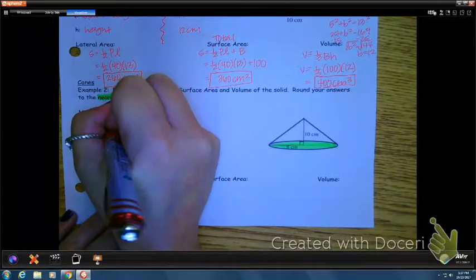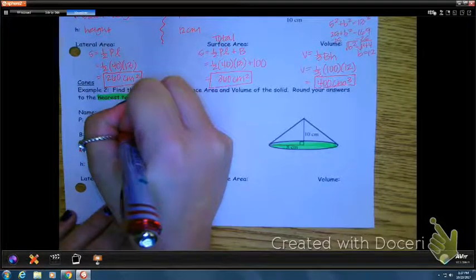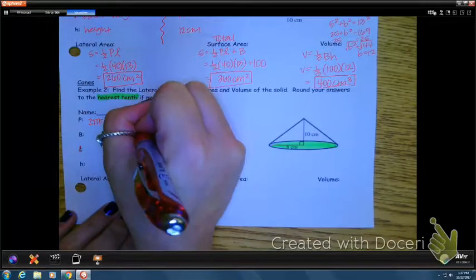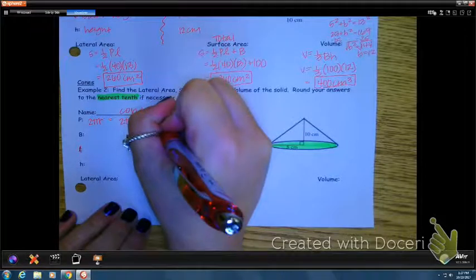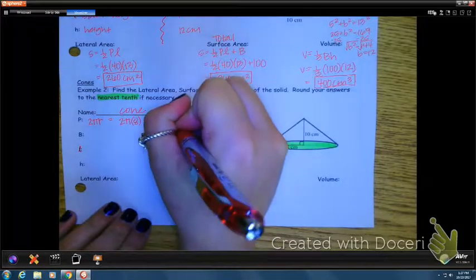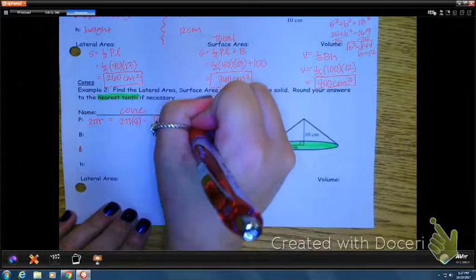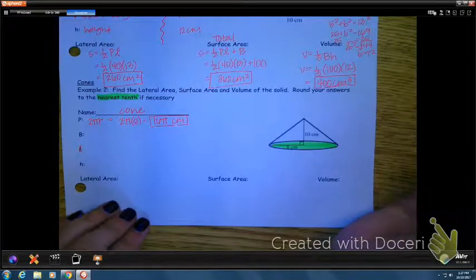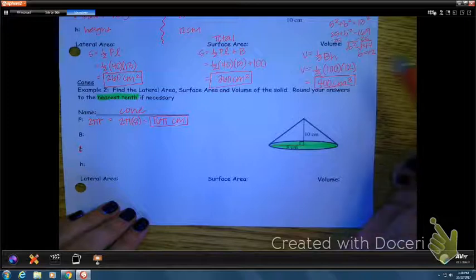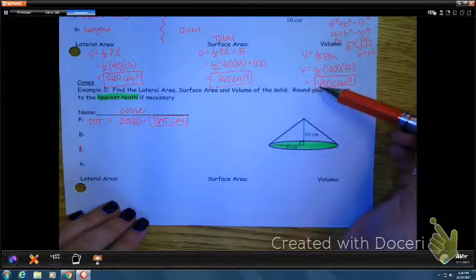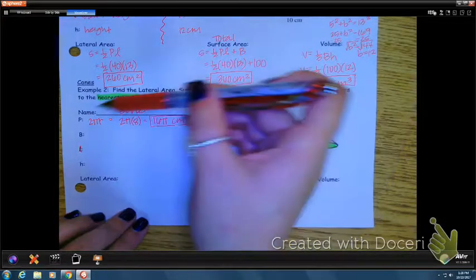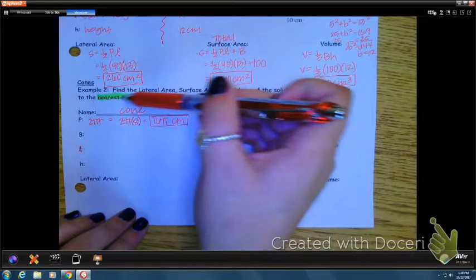So we're going to have 2 pi, our radius is 8, so 16 pi centimeters is our perimeter. I'm going to go ahead and leave this in pi. We're going to have to round later on, which is what this rounding to the nearest tenth is for.